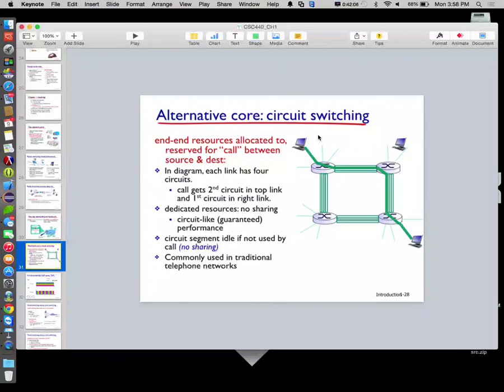But since you're still flowing through packet switched routers and switches, at some point in there, it's packet switched. So in that particular case, Skype doesn't really get to make the call, I guess.